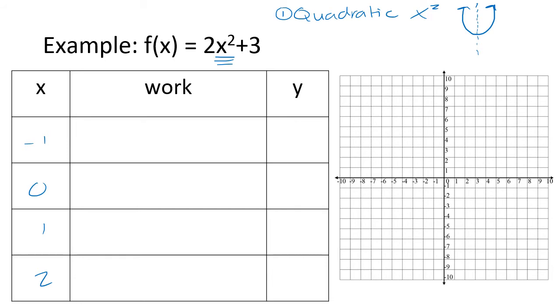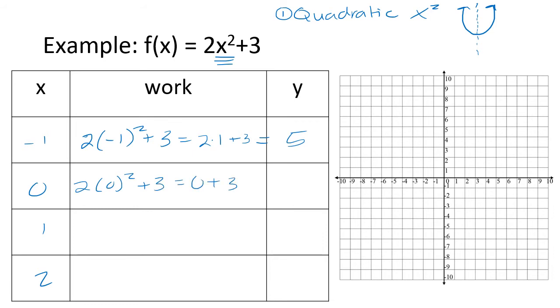For -1, I have 2 times -1 squared plus 3, which gives me 2 times 1 plus 3, which equals 5. For 0, I have 2 times 0 squared plus 3 equals 0 plus 3, which equals 3.